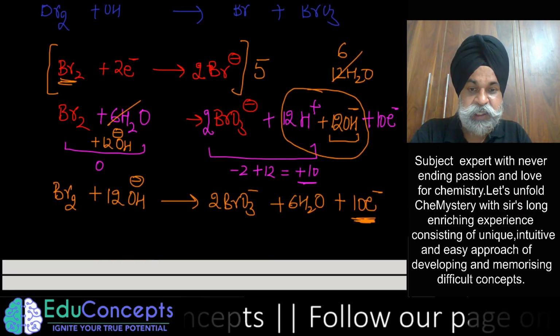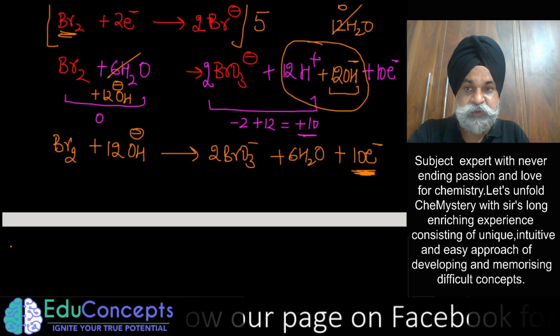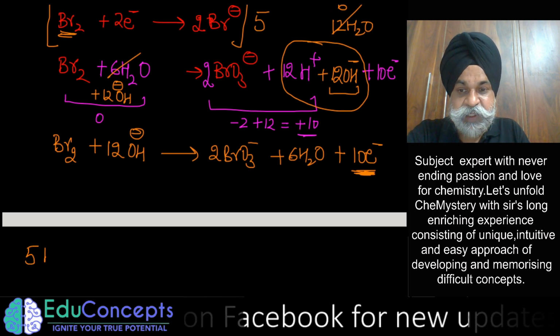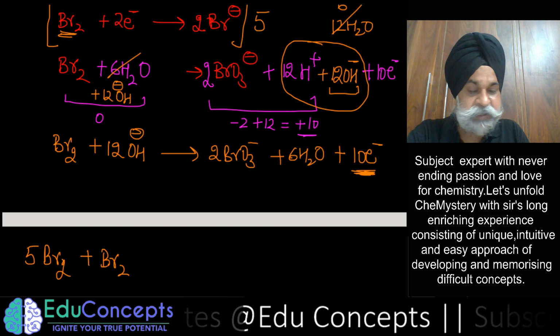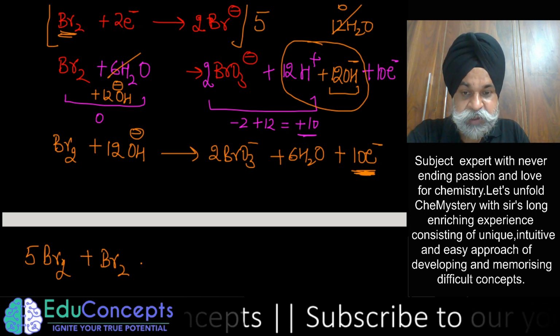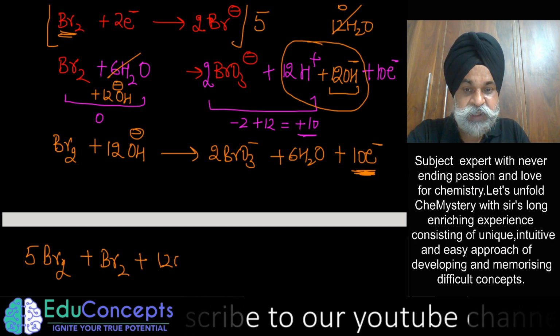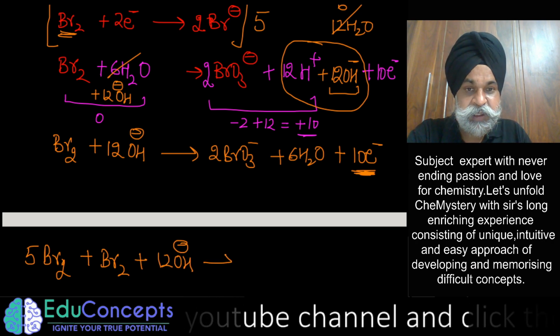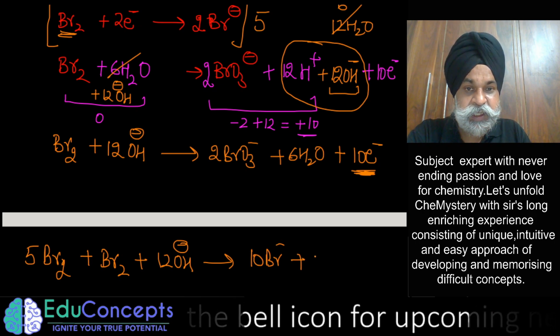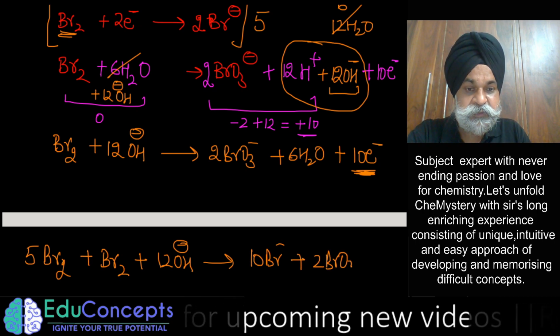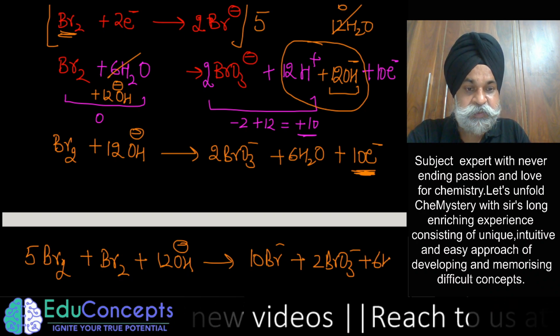So now you can write it here, 5 Br2 plus Br2, I am writing it separately intentionally, there is a reason for that. Plus 12 OH negative, and this gives you 10 Br negative and 2 BrO3 negative and 6 water.